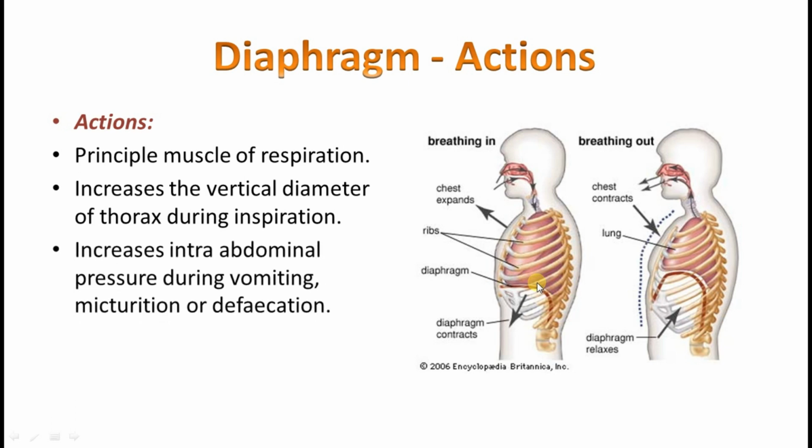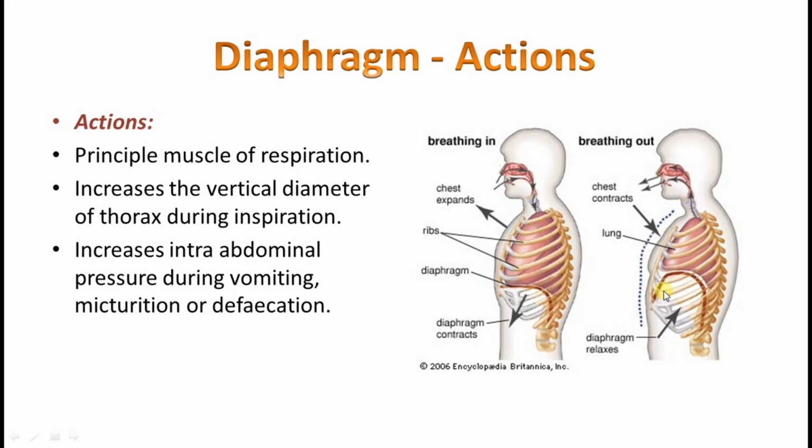Now, when the diaphragm descends during inspiration, it increases the intra-abdominal pressure, and naturally this is mainly done during vomiting, micturition or defecation. So it acts on the anterior abdominal wall muscles, and it pushes the diaphragm downward.